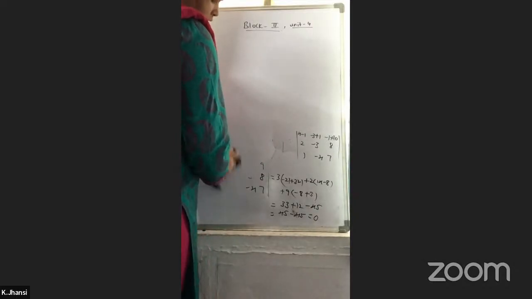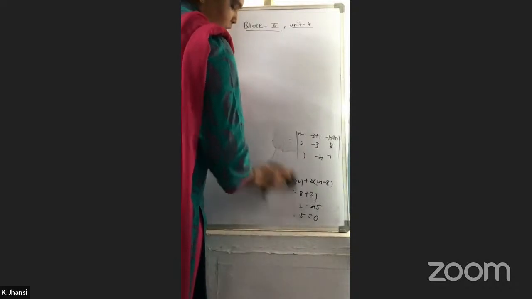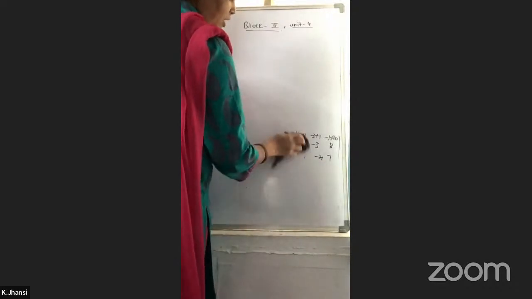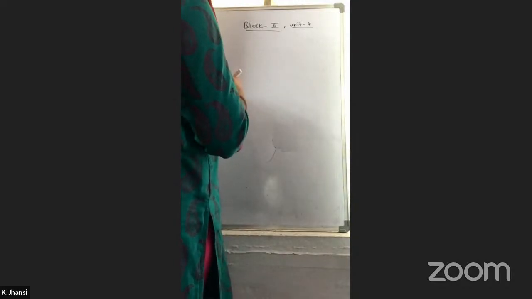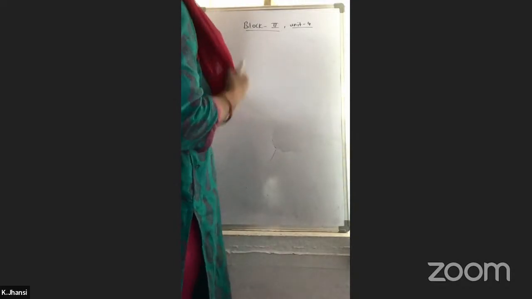Or else, directly with the unsymmetrical form only, you can find the condition of coplanarity and also the equation and the point of intersection. So for solving this problem also we have two methods. You can adopt any one method for solving the problem.